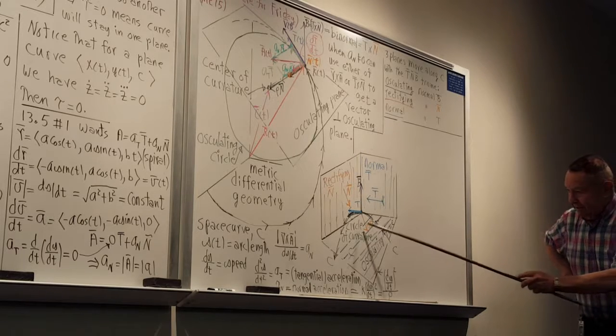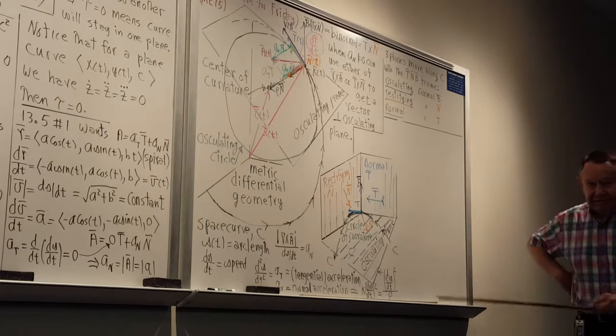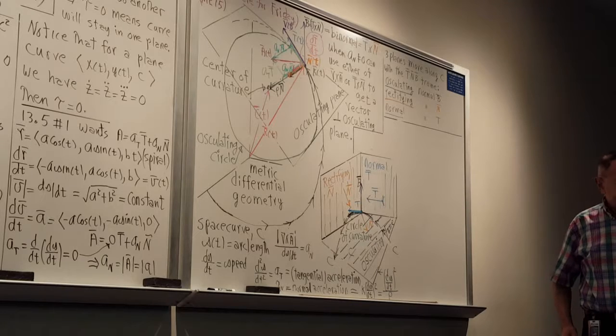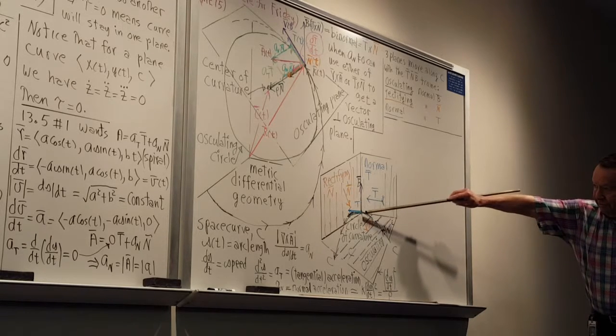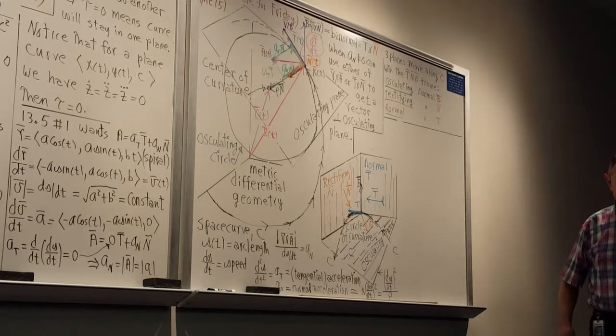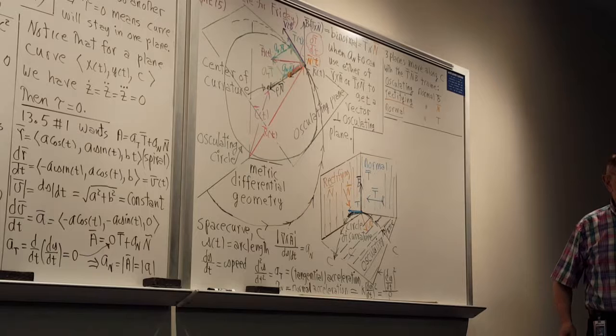The radius of this circle of curvature is what you call the radius of curvature of the road at that particular point. And of course that's going to change from point to point in a typical situation.